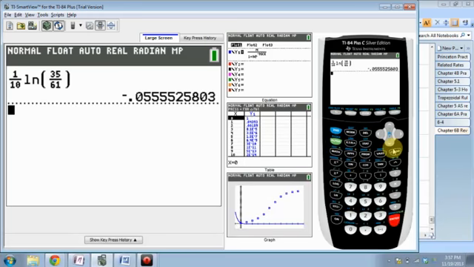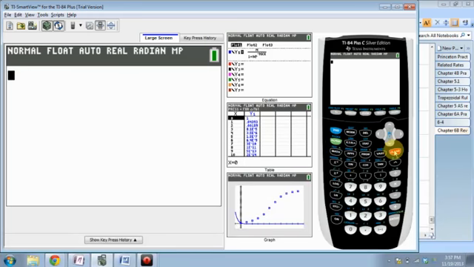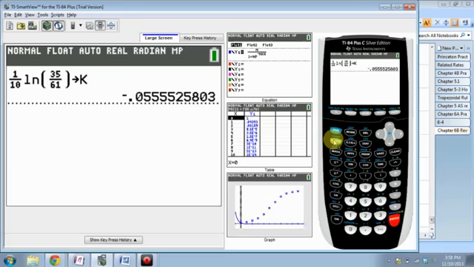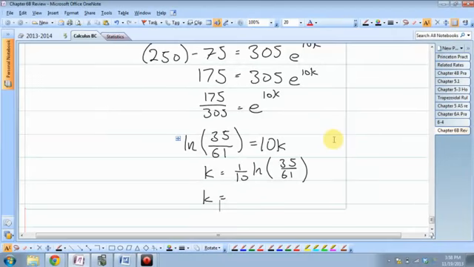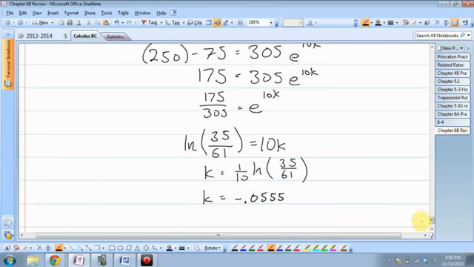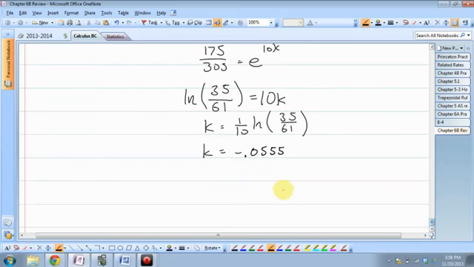Let's clear that. Sorry. I should be smart about this. Let's store that as k. Negative 0.0555. Okay, so that gives me everything I need to know.